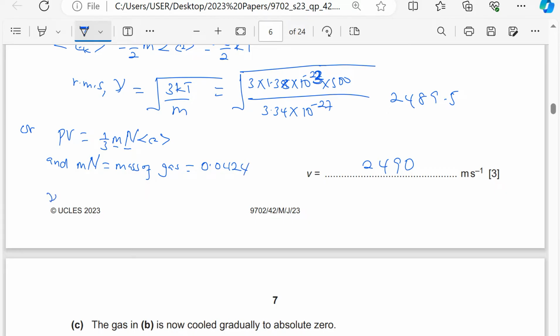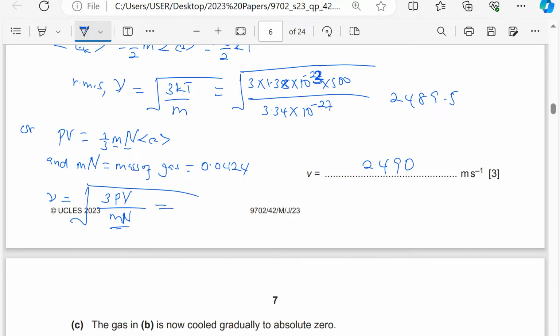The root mean square speed v is equal to the square root of 3PV divided by the mass, that is divided by m times N. Remember, m times N is the total mass.